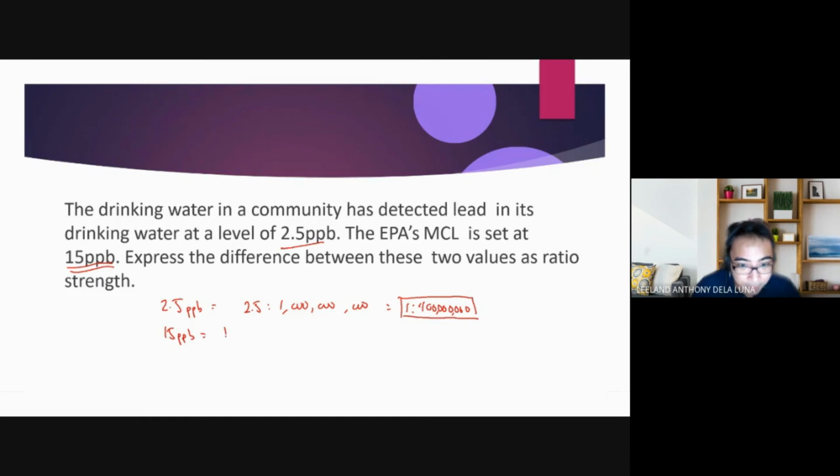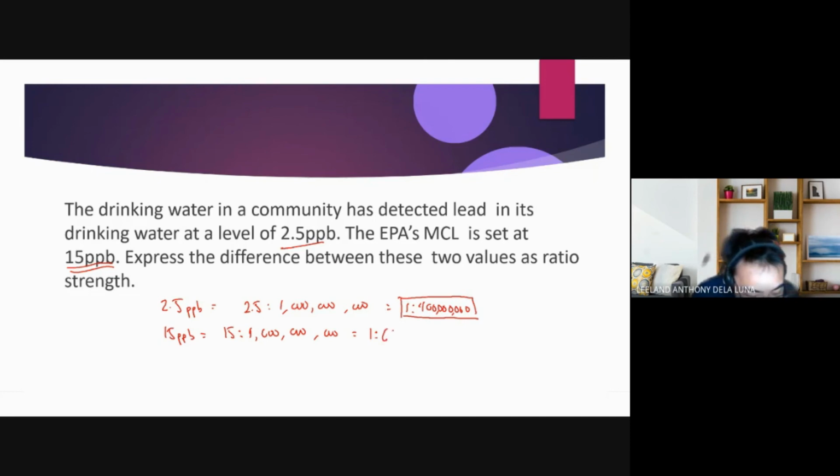So, EPA's MCL is 15 parts per billion. Sabi natin that's gonna be 15 is to 1 billion. So 1 is to 1 billion divided by 15.